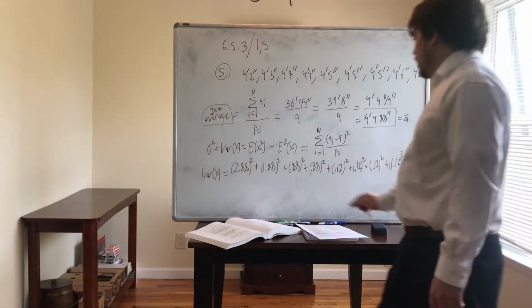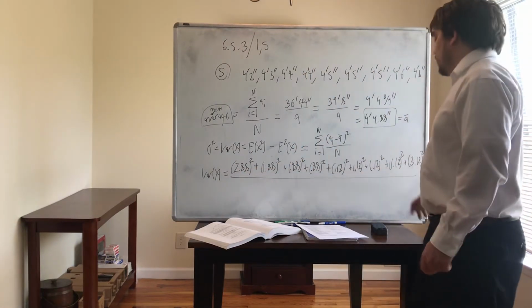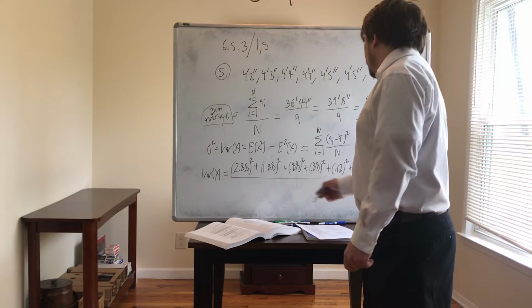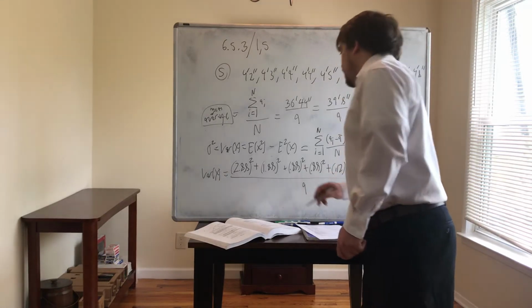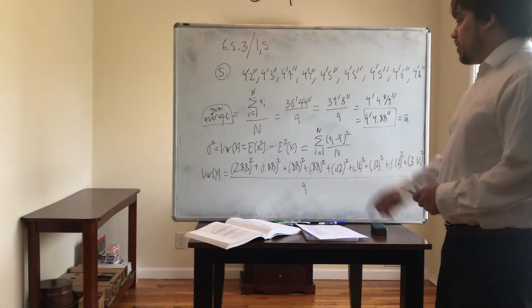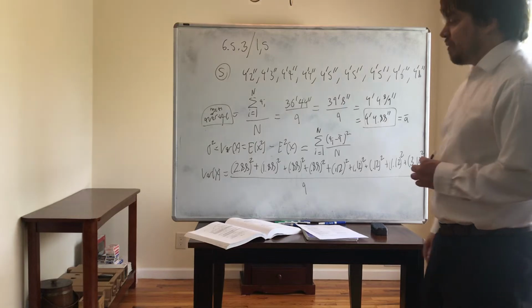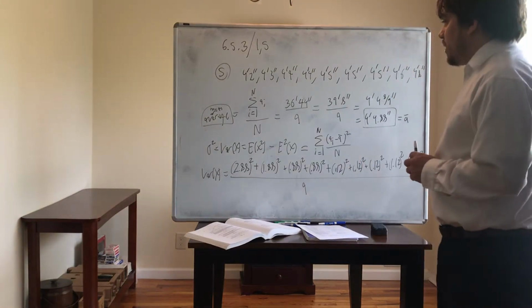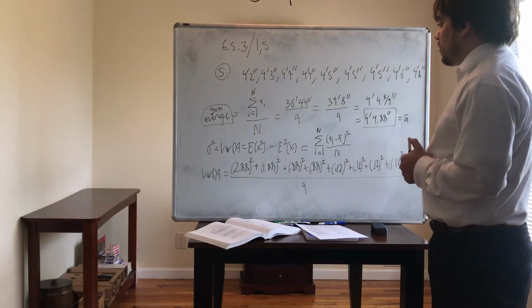That's the sum of the squares of deviations, and you divide all of them by the total number, which is 9. When you compute that numerator and divide by 9, you get the variance of x. Okay, and so that's the variance of x.